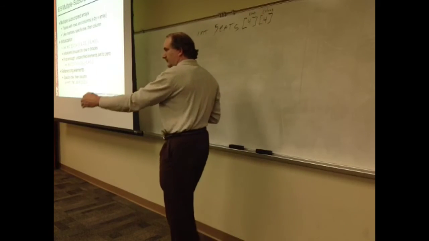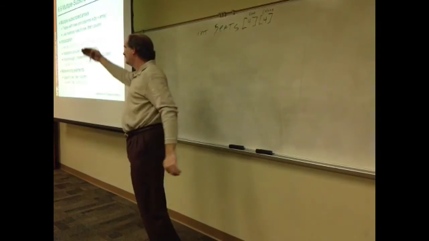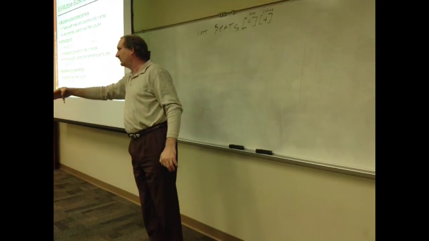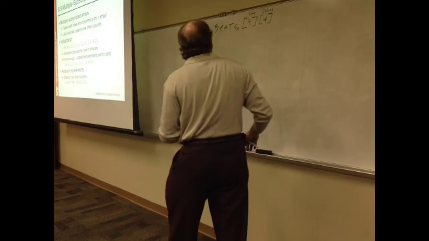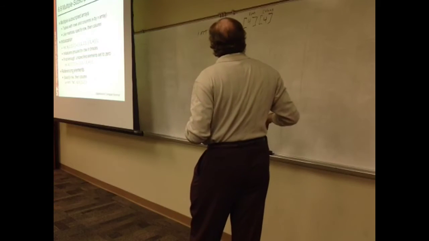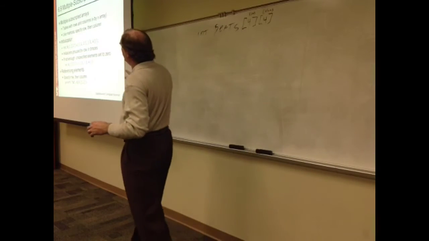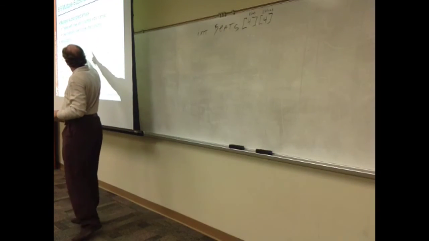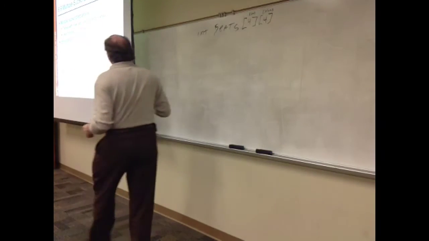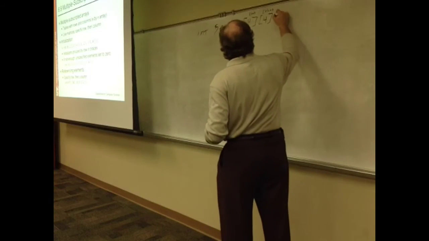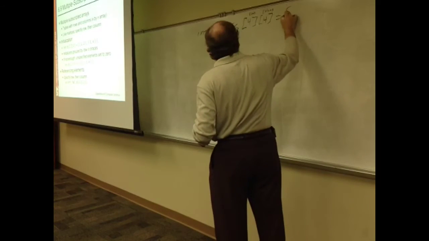So, row 1, row 2, row 3, row 4, seat 1, seat 2, seat 3, seat 4. So that would be a column. So now, you can initialize it and say who's in what seat. And you do that with squiggly brackets again.